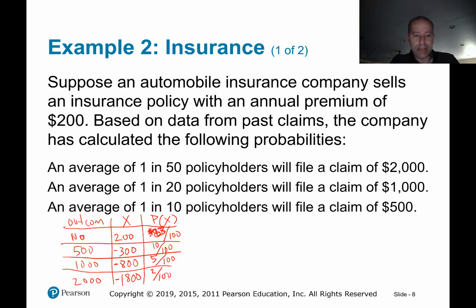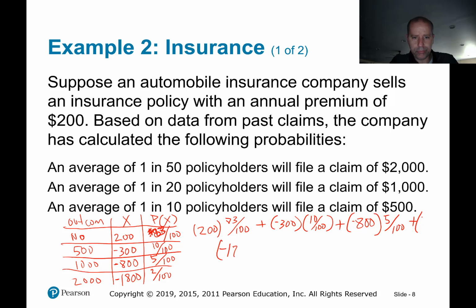And so now if you take these, it'd be 200 times 83 over 100, plus negative 300 times 10 over 100, plus negative 800 times 5 over 100, plus negative 1800 times 2 over 100.